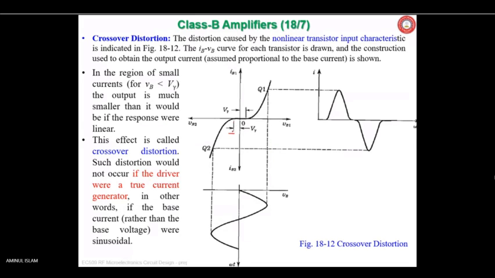This is the cut-in voltage. Cut-in voltage is 0.5 volt in the case of silicon. The distortion caused by the nonlinear transistor input characteristic is shown here. The IB-VB curve for each transistor is drawn, and the construction is used to obtain the output current. In the region of small currents, that is VB less than V gamma, the output is much smaller than it would be if the response were linear.